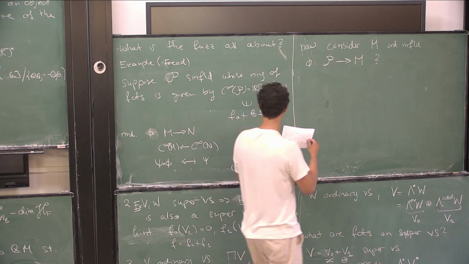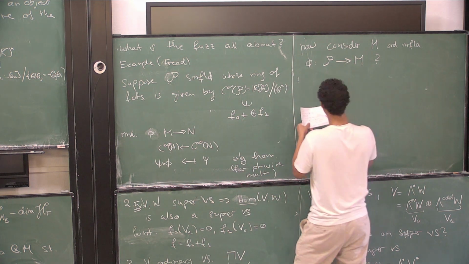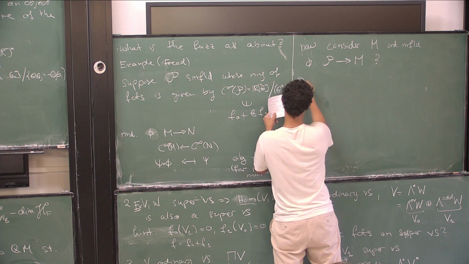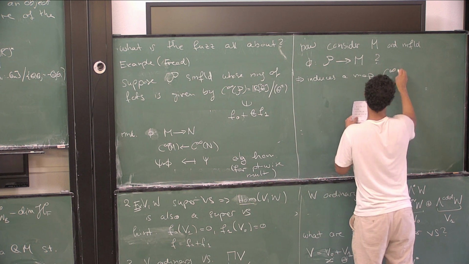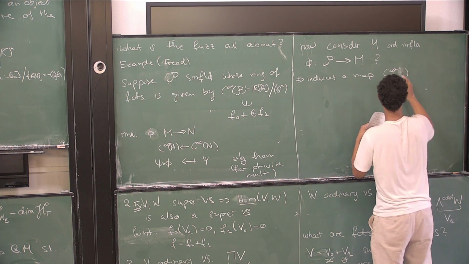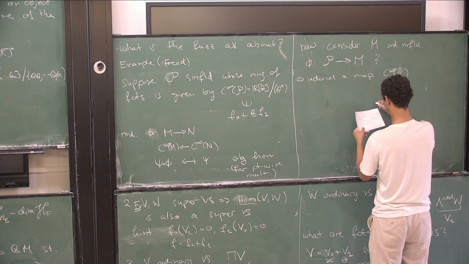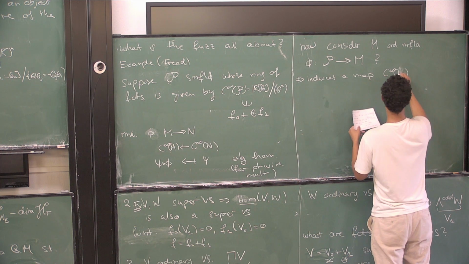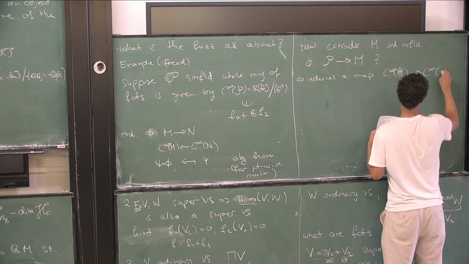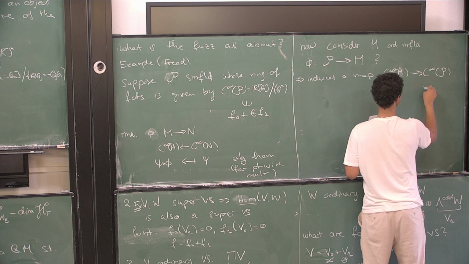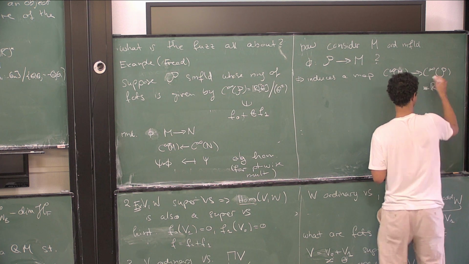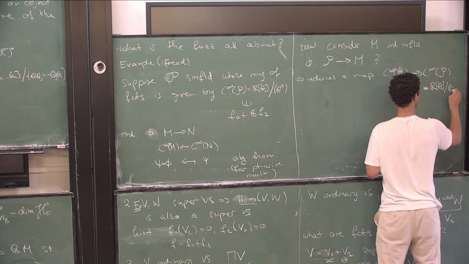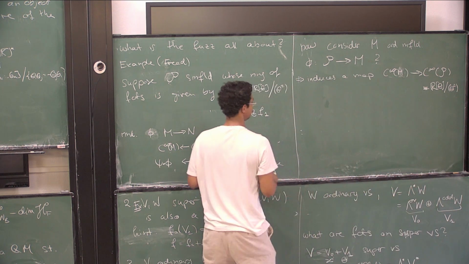So we take this dual picture, and it induces a map from functions on M to functions of the supermanifold P. And we know what these functions of the supermanifold are by assumption. These are just polynomials in one generator theta over R, up to the ideal that says theta squares to 0.